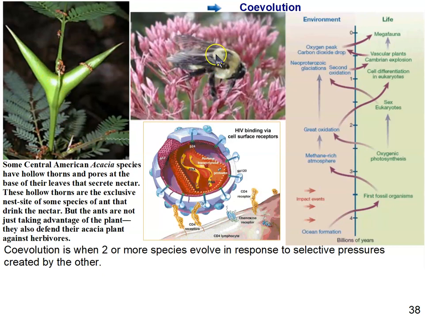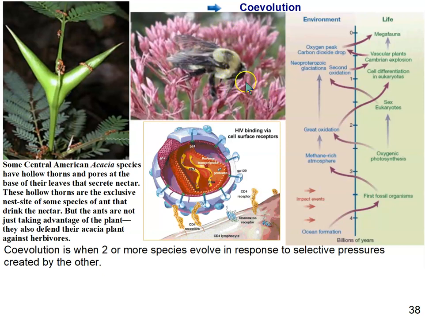Another great example would be insects and flowers. Again, flowers evolved in plants as a way to use animals to disperse their pollen from flower to flower. And then insects have adapted to be able to take advantage of the pollen and the nectar that the flowers are offering up as food.